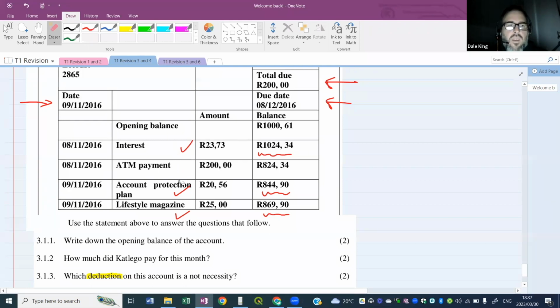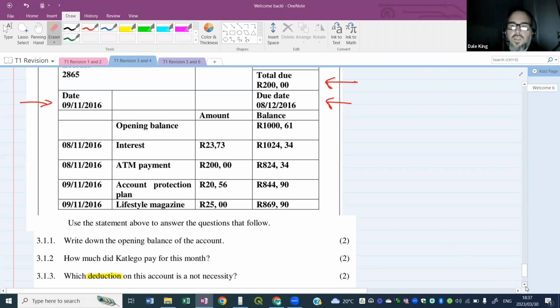In fact, the only two which are optional are the account protection plan and the lifestyle magazine. Interest is not optional. You have to pay interest. So we're really just looking at account protection plan and lifestyle magazine. I think the lifestyle magazine is the one that really isn't necessary. So that deduction there, this person could really do without, not very necessary at all.